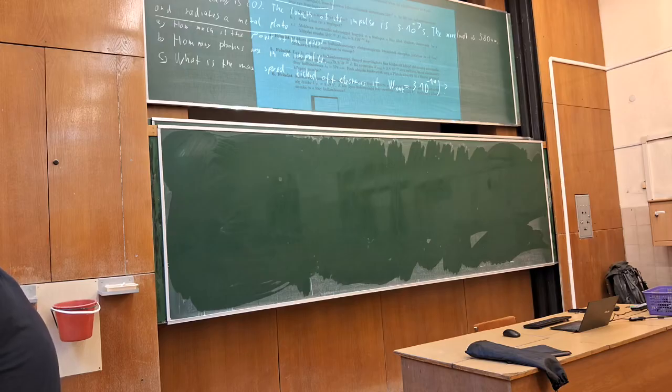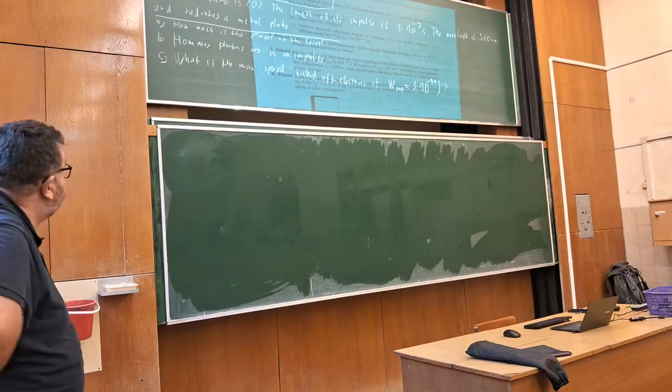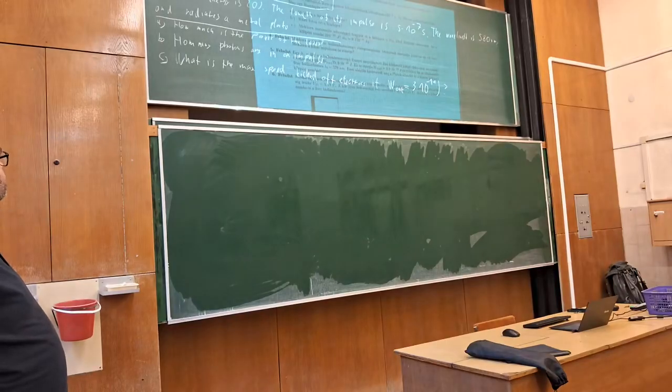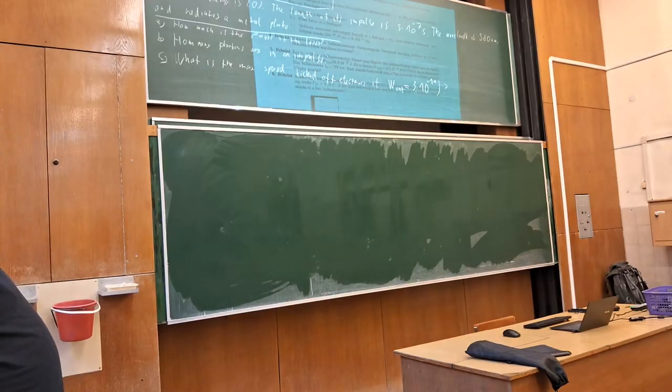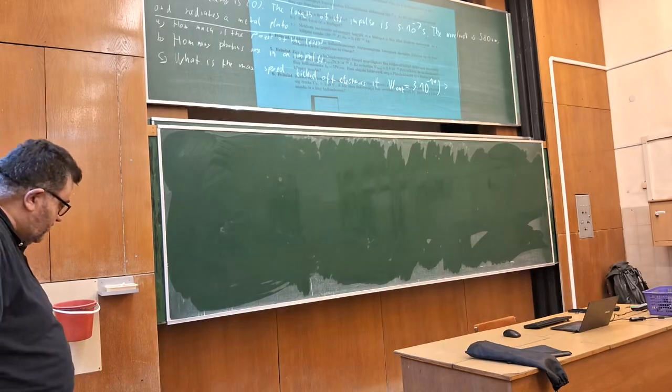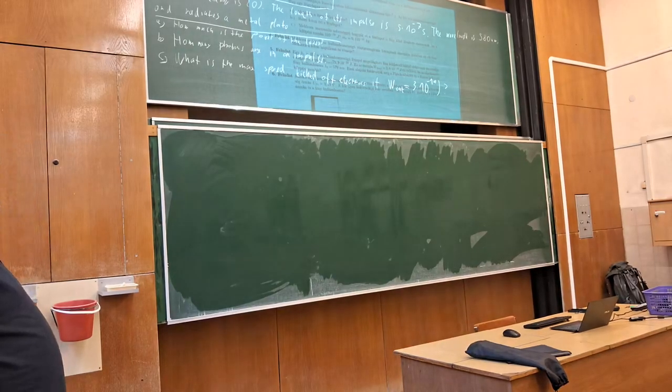So to calculate the power is very simple. You divide the energy by the time. Second question is how many photons are in the impulse. The wavelength is given. Based on the wavelength, you can calculate the frequency. Based on the frequency and the Planck constant, you can calculate the energy of one photon, and then you can calculate the number of photons.